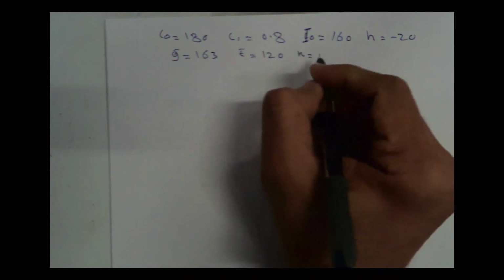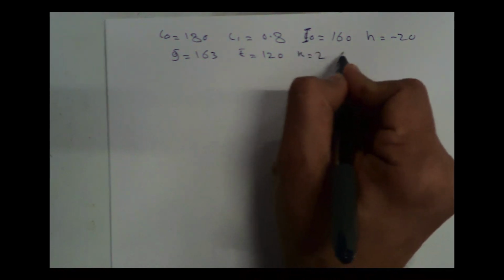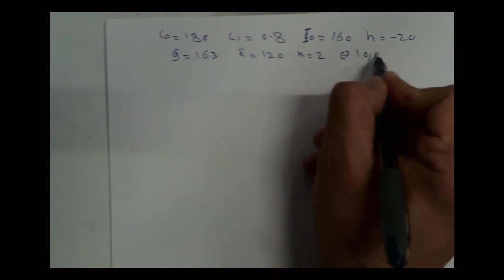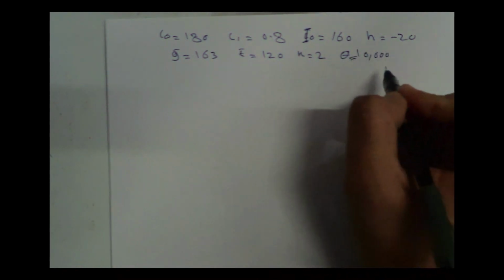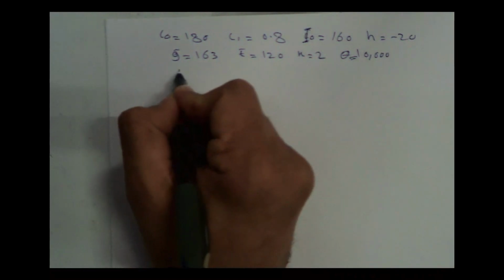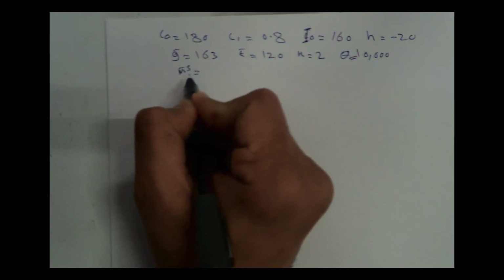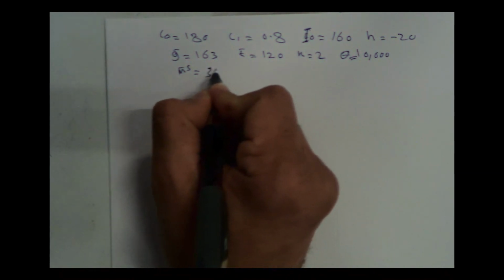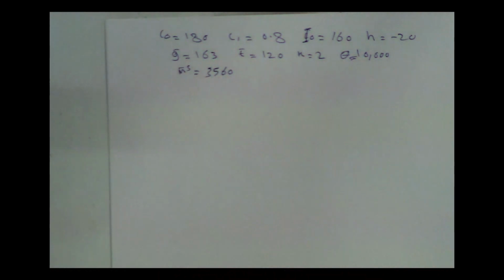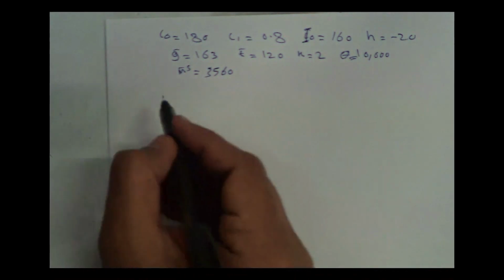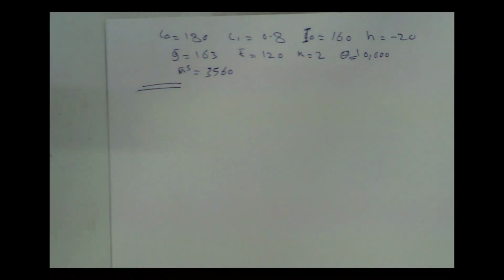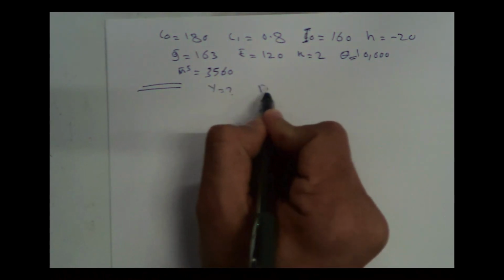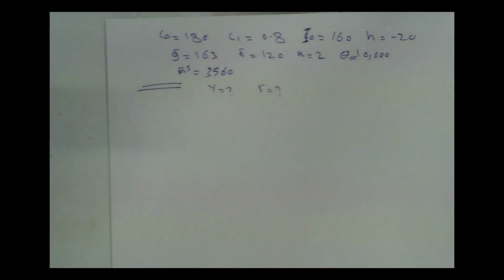K equals 2, theta equals 10,000, and the money supply equals 3,560. So this is the kind of information we were given in part B, and we want to find the equilibrium output and the equilibrium interest rate.